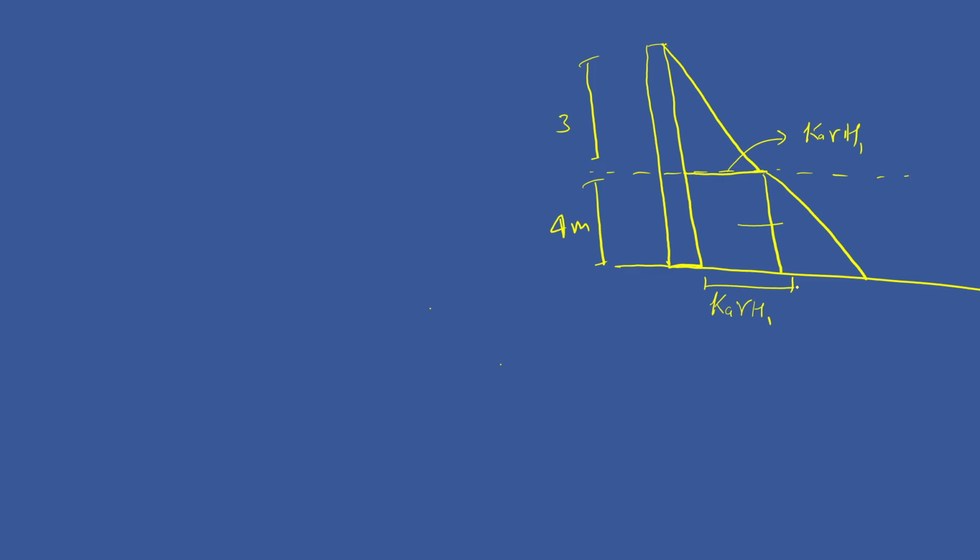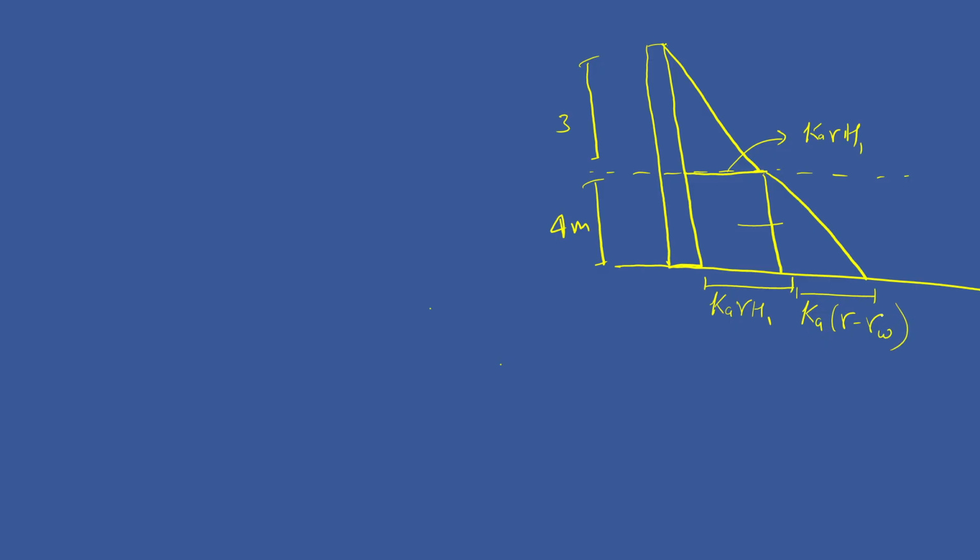And then we have another stress block which is available. So this is k into gamma, and since we are below the water table, we need to take the submerged unit weight, so we reduce gamma w.